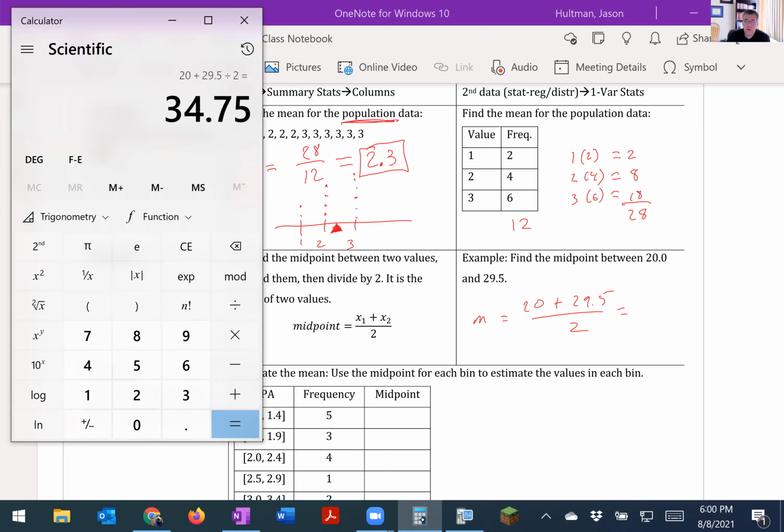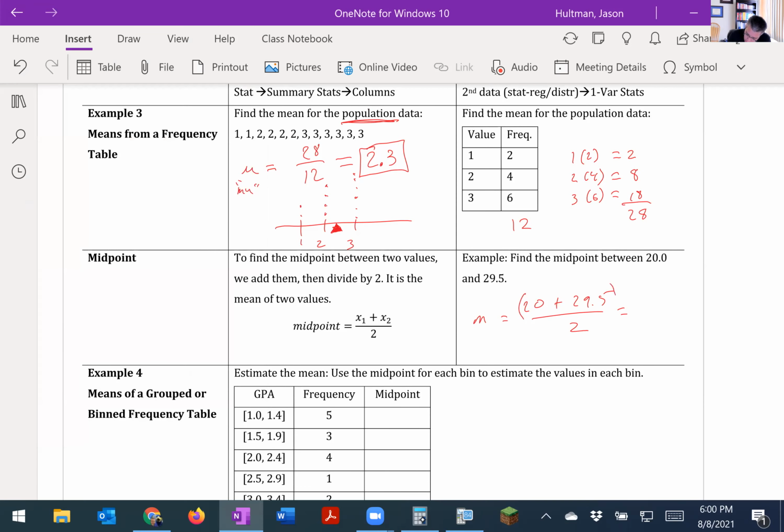Okay, what did I do wrong there? Well, when I have a fraction, there are what's called implied parentheses. There are parentheses implied on top, and then parentheses implied on the bottom. We do everything on the top first, and then everything on the bottom second, and the very last thing we do is divide.